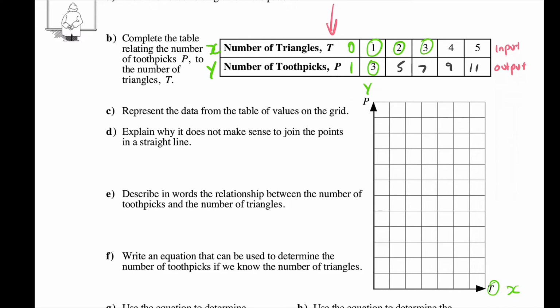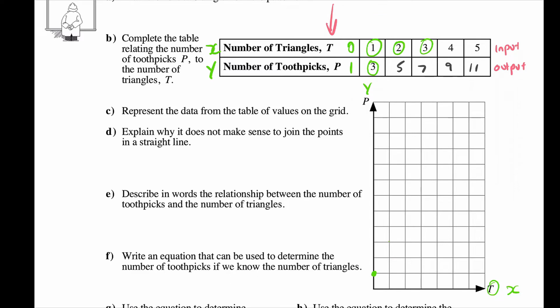So basically what we want to do is graph this. Now remember, when we were at 0 in the x, we started off at 1. And when we get to 1 in the x, we're going to 3, 1, 2, 3 in the y.